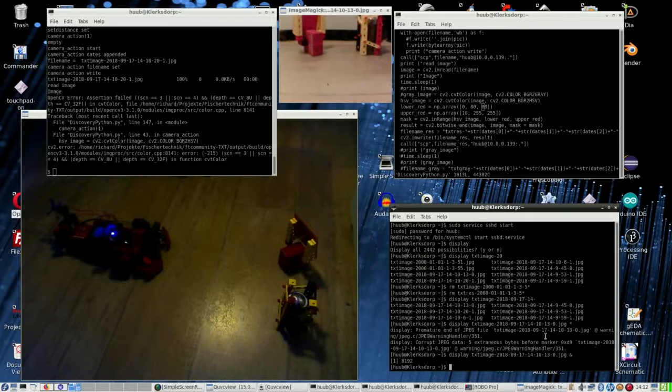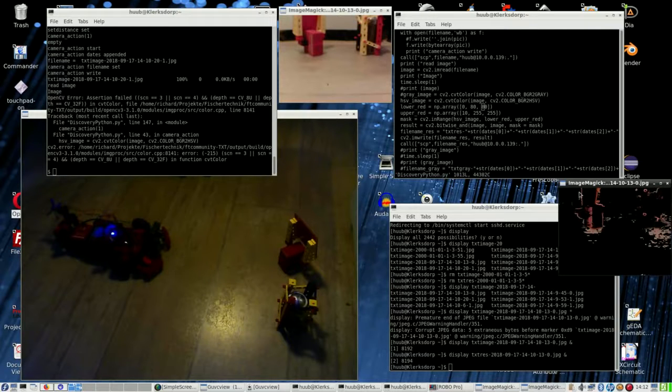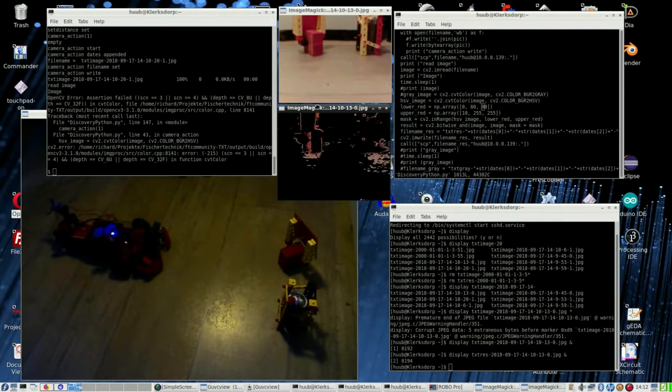Now I can do the resulting image. This is not the image that I had hoped for. No. Because this should have been red by now.